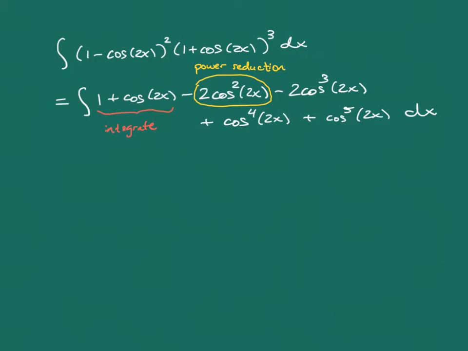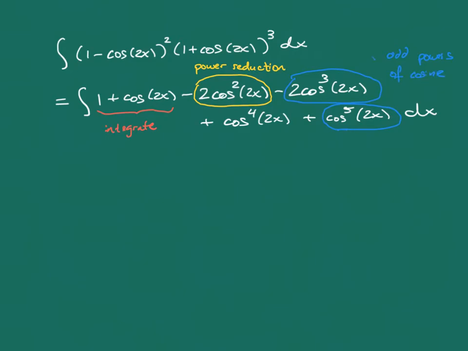For our cosine cubed, now we've got an odd power of cosine, and just like this one, we've got odd powers of cosine.